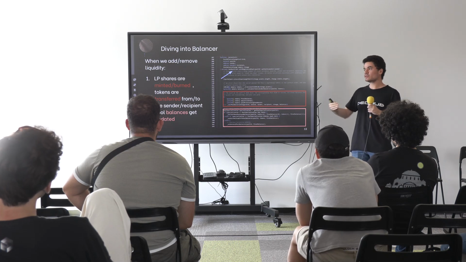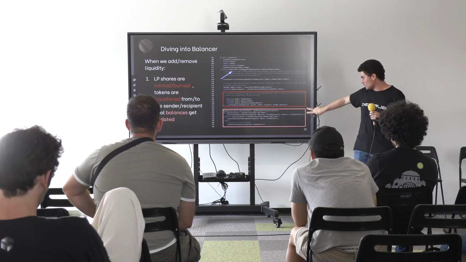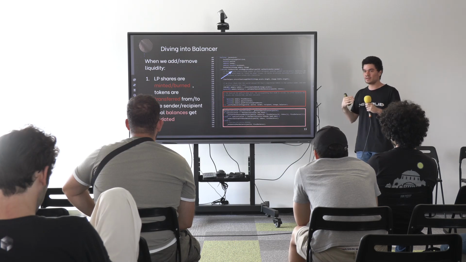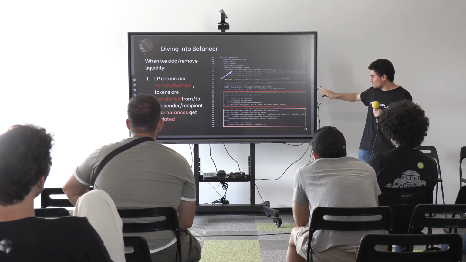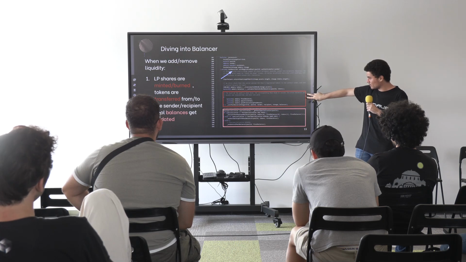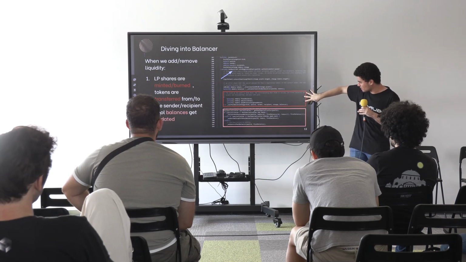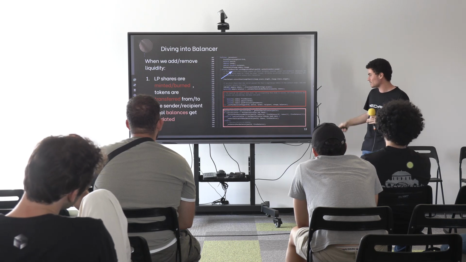And then all token transfers are going to take place. The pink one is where the actual pool balances get updated. So this is what you have to keep in mind. Your LP tokens are minted, token transfers take place here, and this is where the pool balances are actually updated.